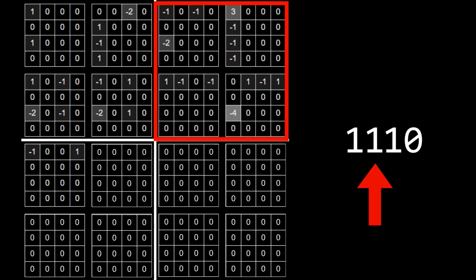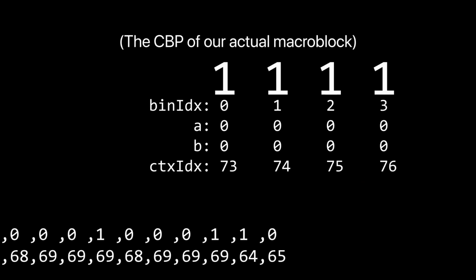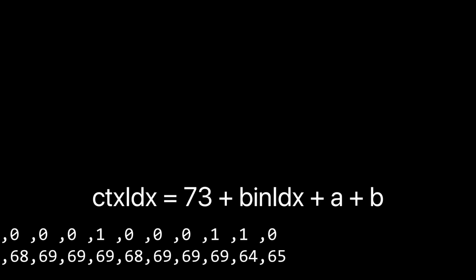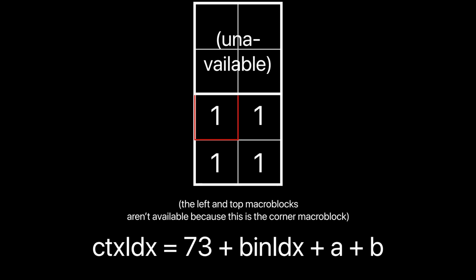If a bit is 1, we then encode each 4x4 block individually. Encode using CABAC with context model 73 plus bin IDX plus A plus B. A is 1 if the left Macroblock is available and its corresponding 8x8 region is empty, and B is the same but for the top Macroblock.